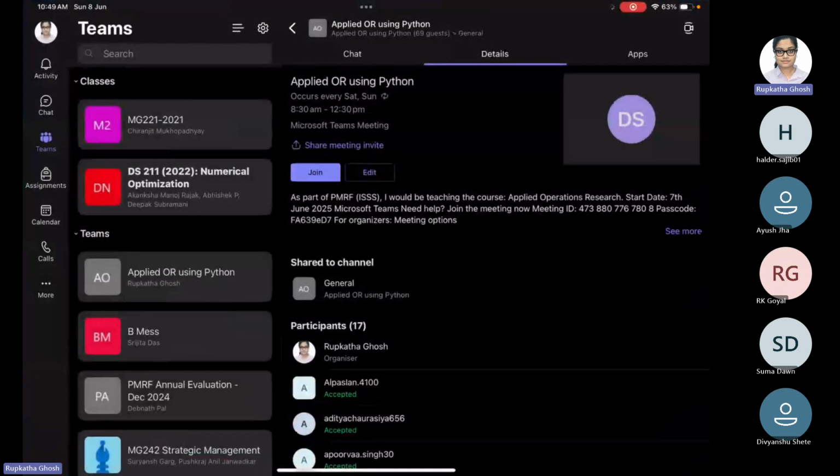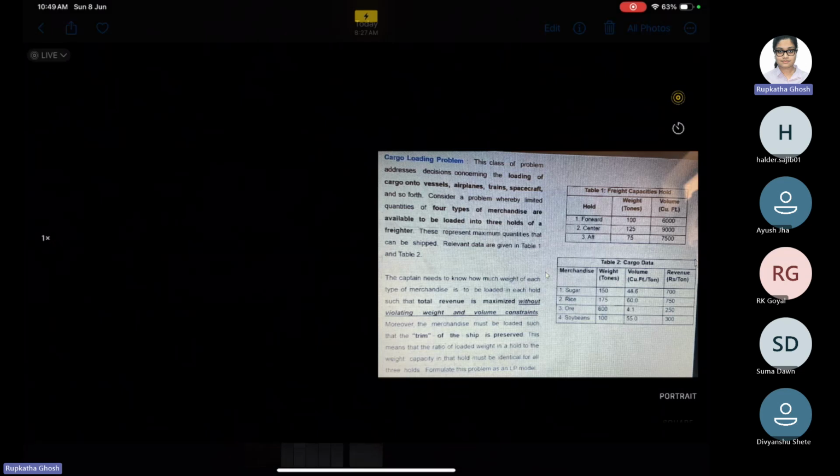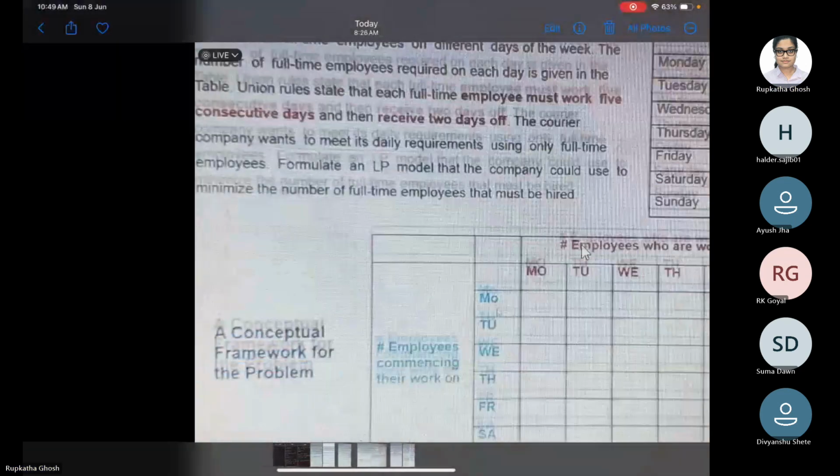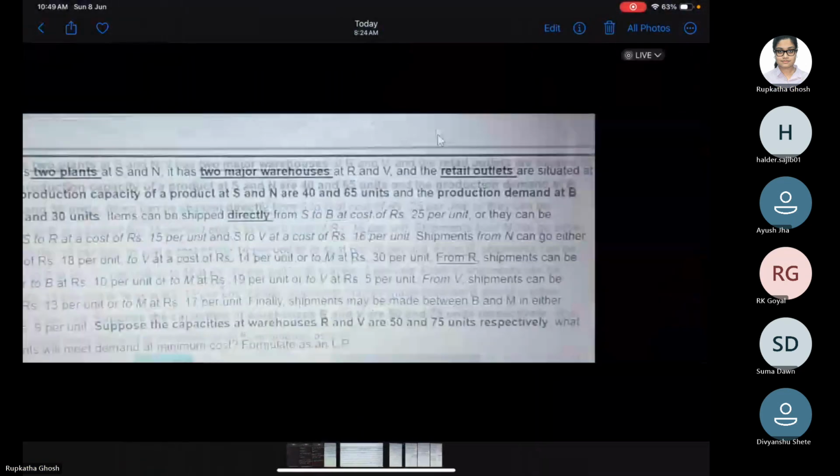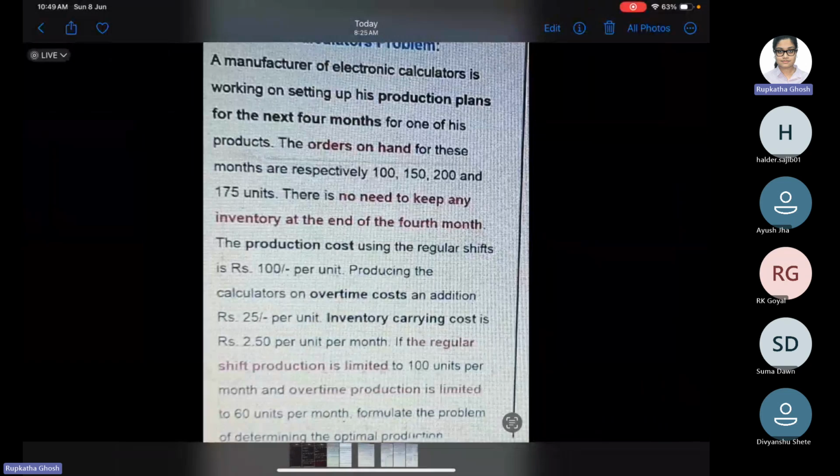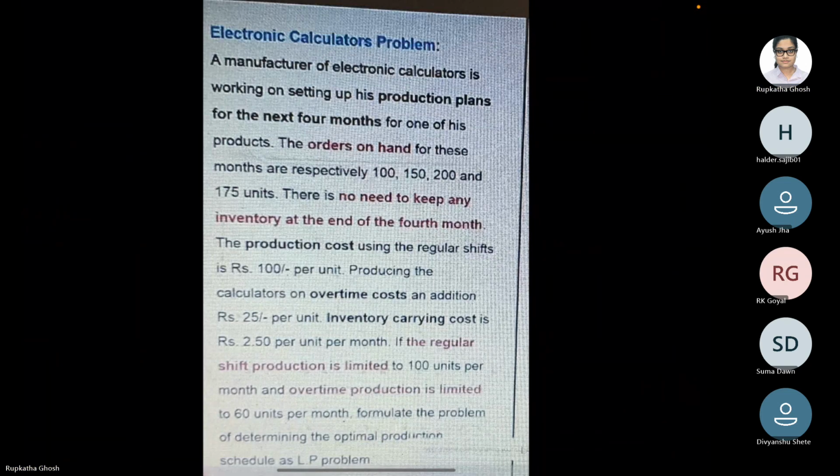Okay, let's go for the third problem. This is your third problem.